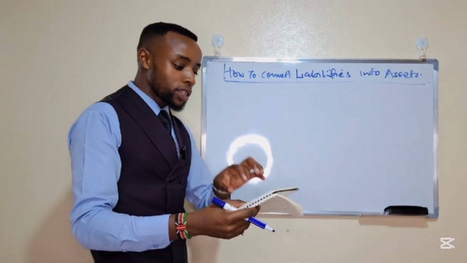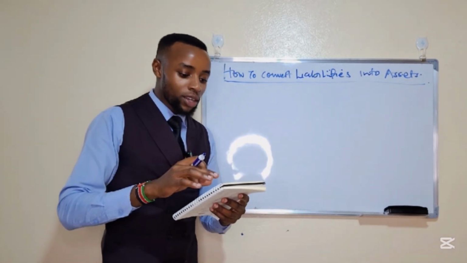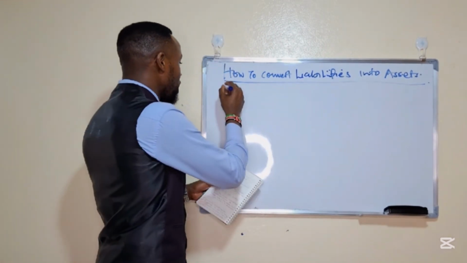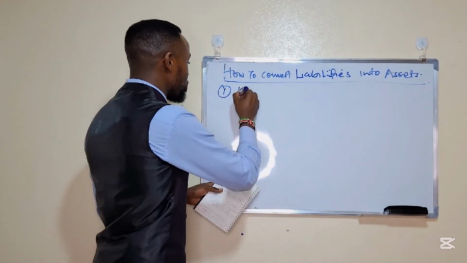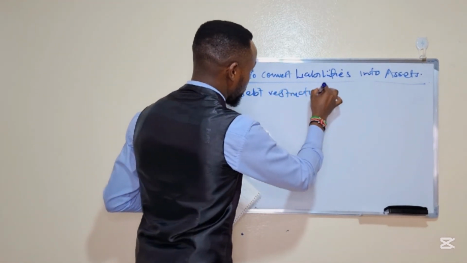But now I want us to get deeper into several procedures that you can use to leverage debt or convert liabilities into assets. And the first one is debt restructuring.